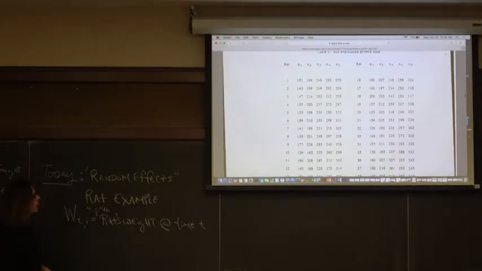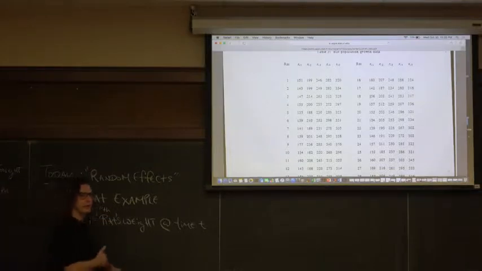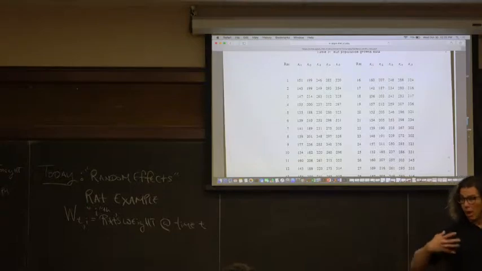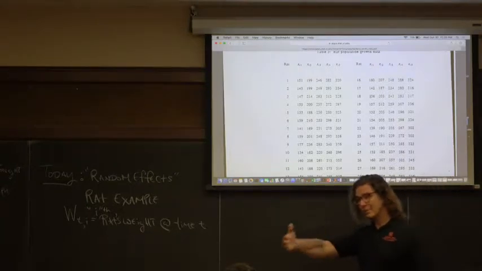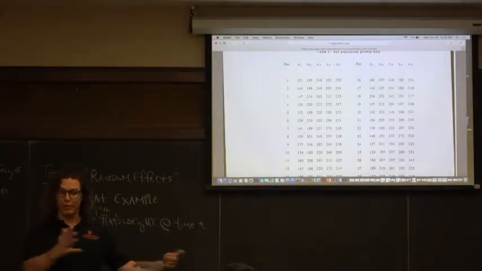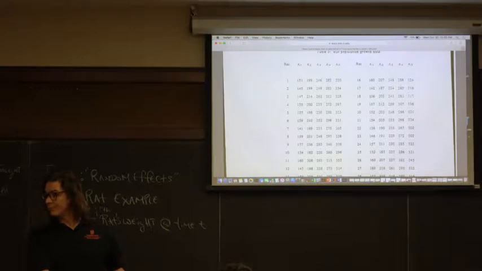They want to model these rats' weights over time, and they know there are certain correlations going on within each rat. Obviously, a rat's weight through time is associated with how much it weighed last time.